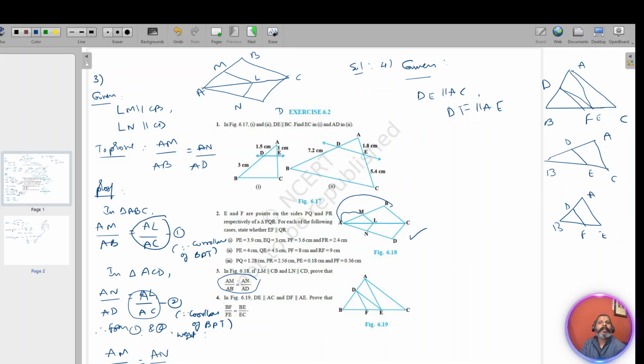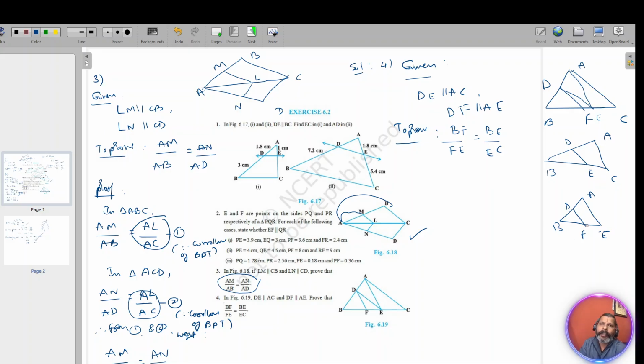You have to observe the triangle like this. Once you have this knowledge, applying BPT or converse is very easy. Corollary, whatever. Okay, to prove, what is to be proved, just write that BF by FE should be equal to BE by EC.